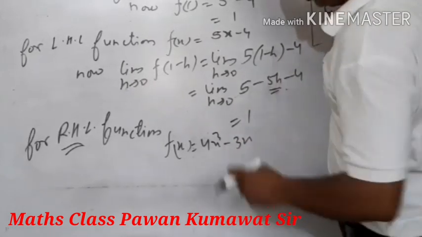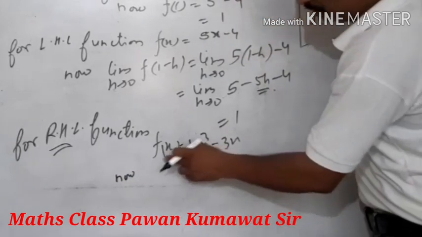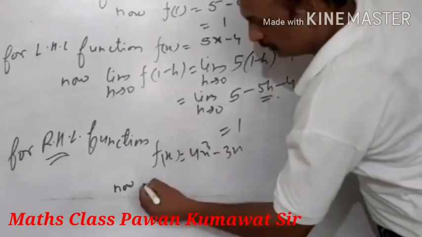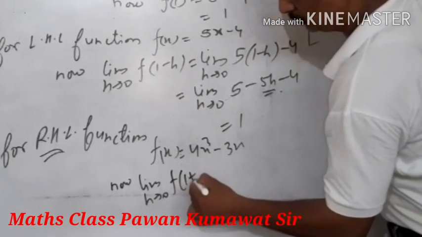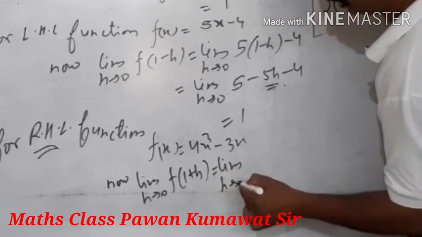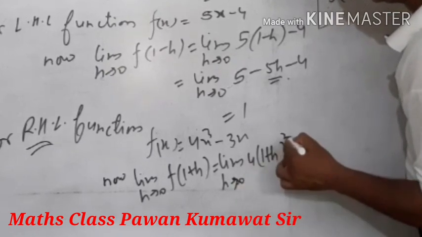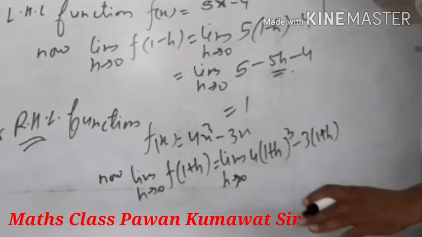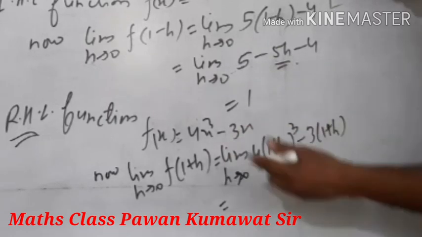Now, we put the value of x as 1 plus h, with limit h tends to 0: f(1 plus h) is equal to limit h tends to 0 of 4(1 plus h) cube minus 3(1 plus h). Is that clear? Now we can calculate it easily.